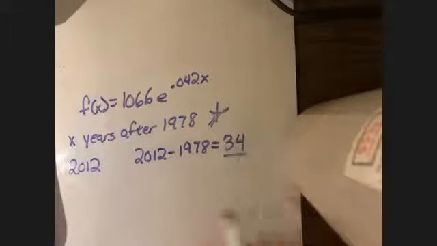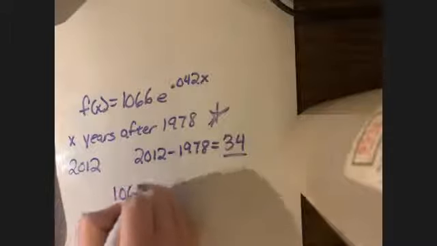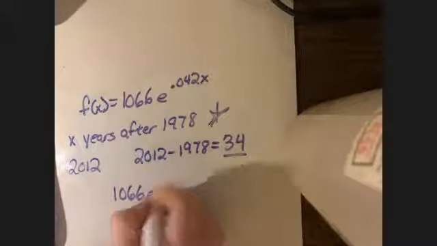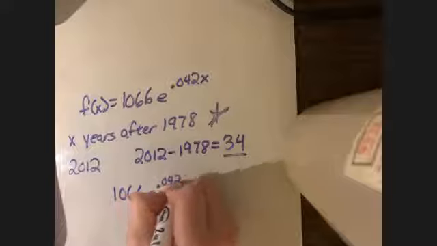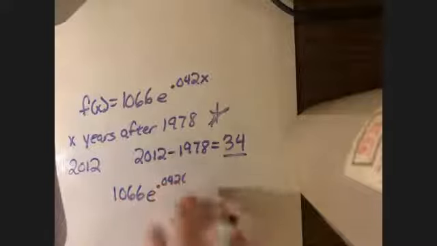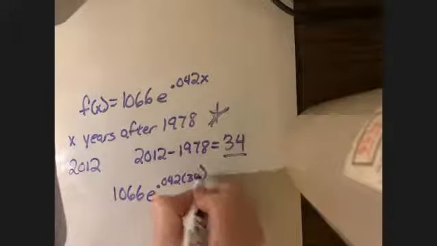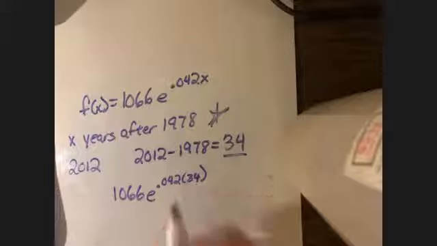This is my X value that I'm going to be plugging into this equation. So 1066 e to the 0.042 times 34, okay? Now, again with the calculator, and I'll show you how to do this here in just a second.